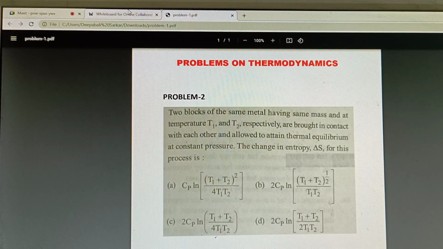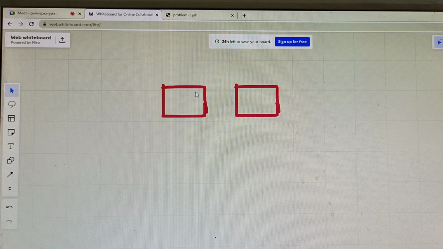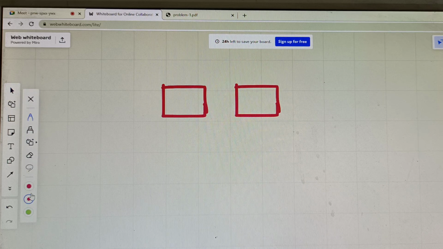Okay, so suppose these are two blocks, A and B. This is A and this is B. Identical blocks of the same metal, same mass.